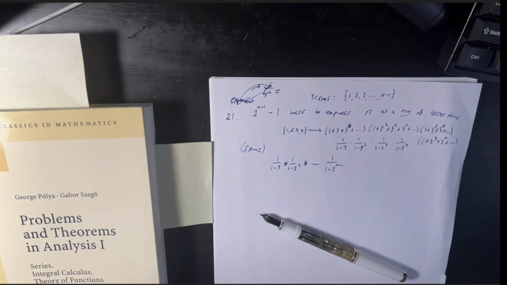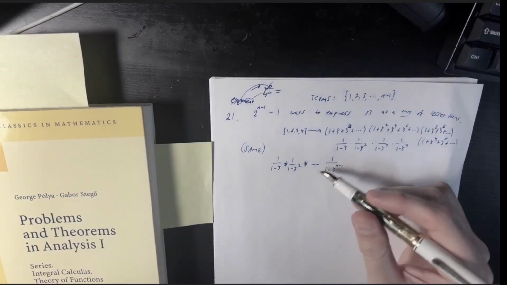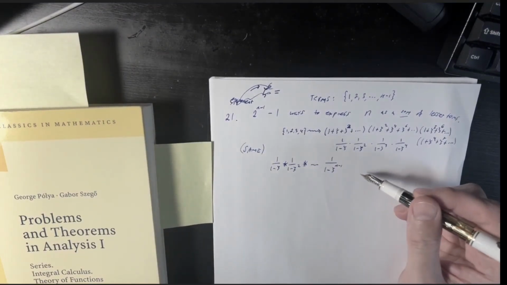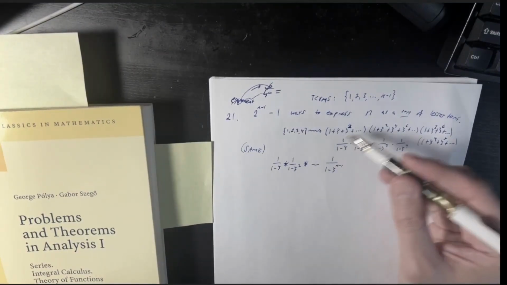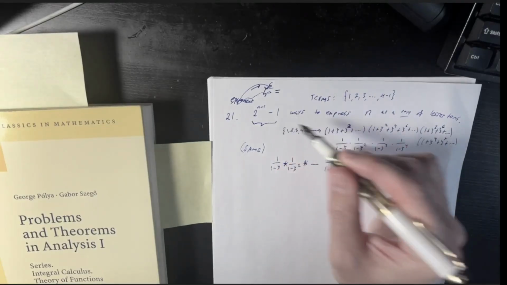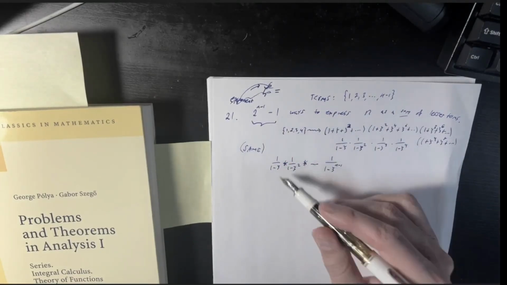Anyway, I could probably continue my thought process here. If you were to expand this mess, the coefficients represent the number of solutions. So we would be trying to show that this is what you get as the coefficient for this expansion.